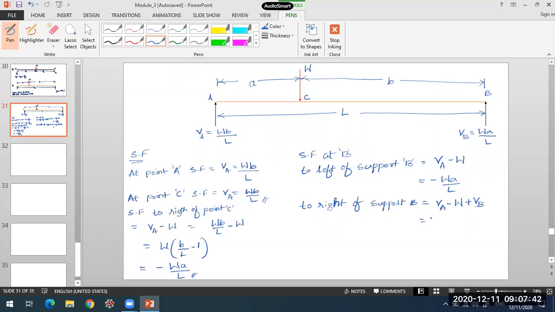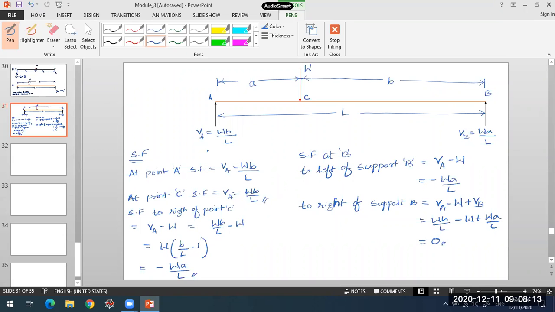So that will be W into B by L minus W plus W into A by L. Totally this will come out to be 0 when you add up, because this is W into (A plus B) by L, and A plus B is nothing but L. So it will be plus W minus W, which is 0. This is the value of shear force in this beam.